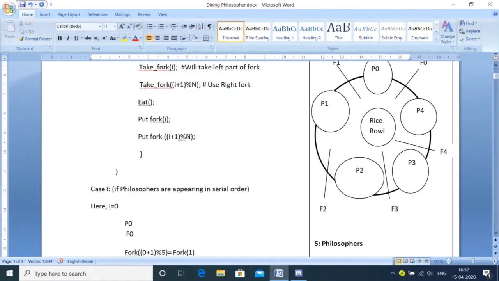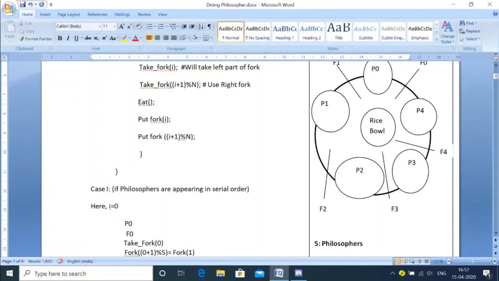Which fork will it take? Take fork I. So what is I here? 0.